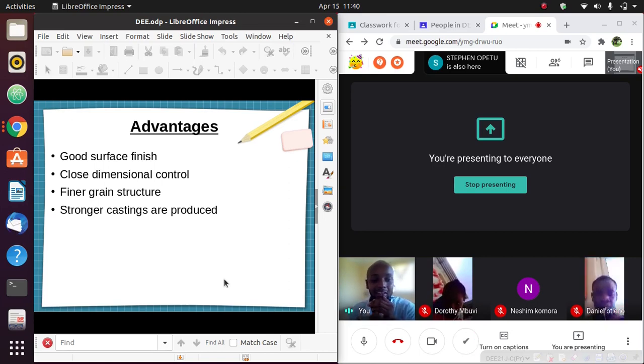Reason being, that mold doesn't change its shape. It will remain the same as compared to that of sand casting. The level of accuracy in my sand casting will be dependent on how well I do that job. If I'm very poor, I do it in a hurry, then my casting or my final product will be of poor quality.